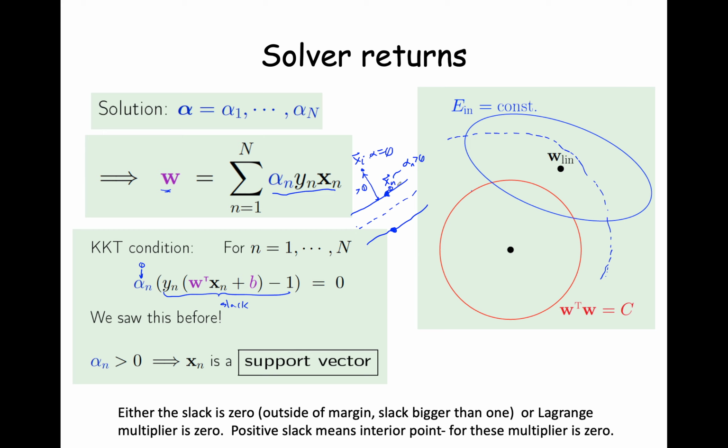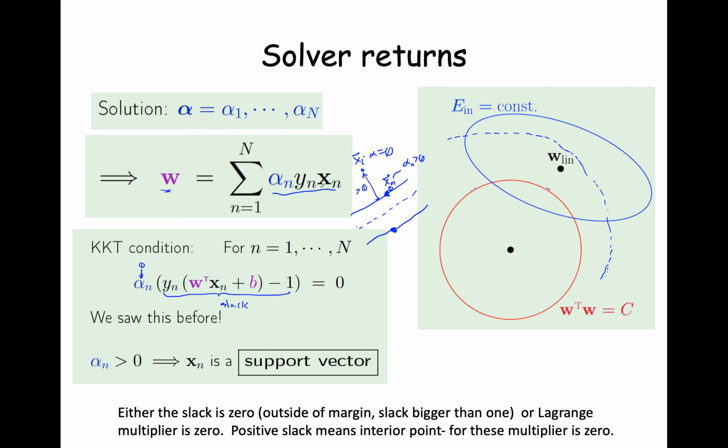If we have a zero slack, an on-margin point, well, that's like this constraint here, this red curve. And that constraint is going to have some bearing on where the definition of the solution is. It sort of pulls and guides the solution. It constrains the problem.